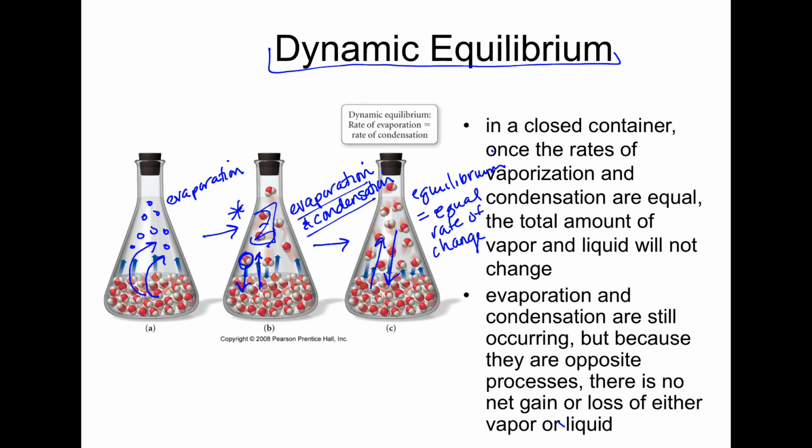There's probably always going to be more in the liquid phase than there is going to be in the gaseous phase, just because gases are a lot less dense. But equilibrium means that the rate of change is the same, so the rate of condensation is equal to the rate of evaporation, but it doesn't mean that there's equal amounts on both sides of that surface.